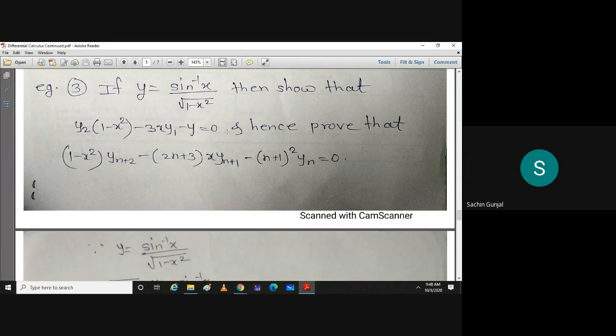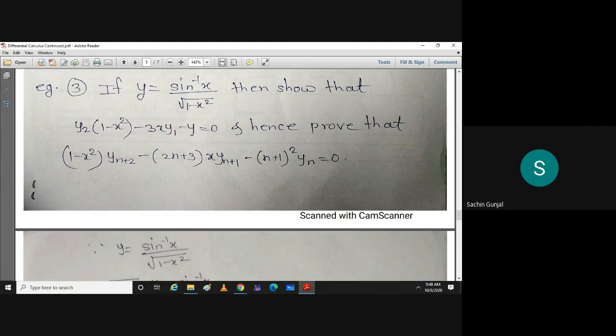Do you understand what he said? See, if you observe this expression, there are n plus 2 derivatives and here n plus 1 derivatives, and this is nth derivative. Now, what we have is an expression containing second derivative, first derivative, and y. If I consider this as a product of two functions, observe this first term, y2 into 1 minus x square.